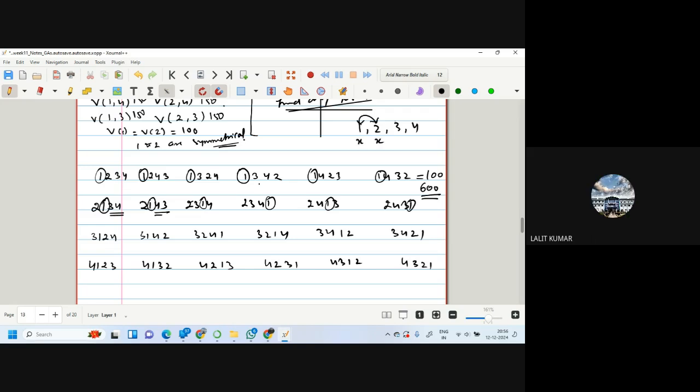These values are the same, y and y. So I only need to find x, the rest will follow, because I know V1234 is 300.